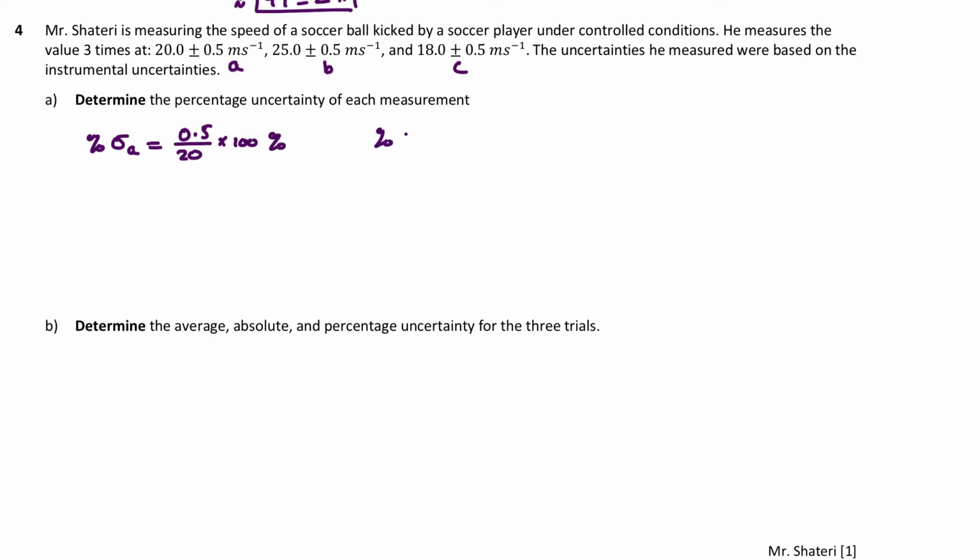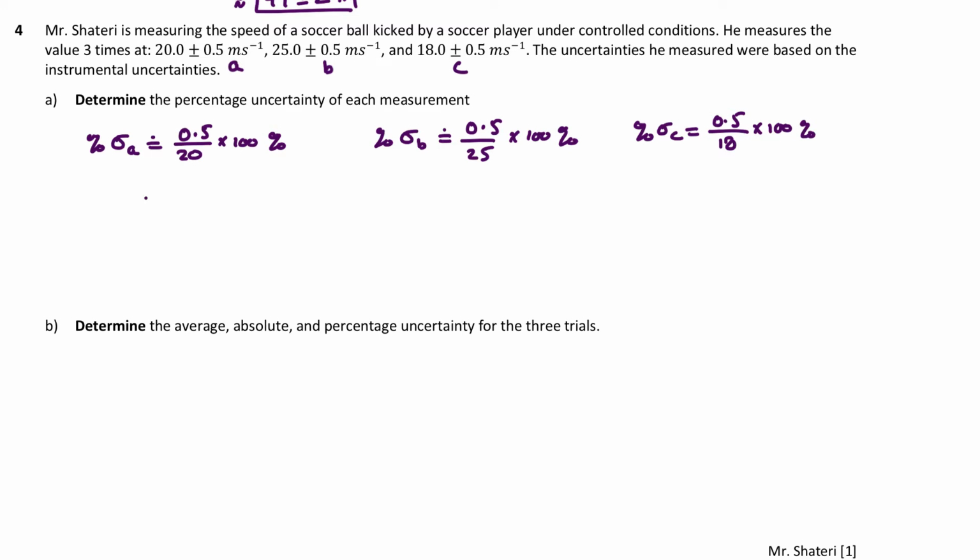The percentage uncertainty of B is going to equal 0.5 divided by 25 times 100%. And these are all estimations because they're measurements. And the percentage uncertainty of C will be 0.5 divided by 18 times 100%.